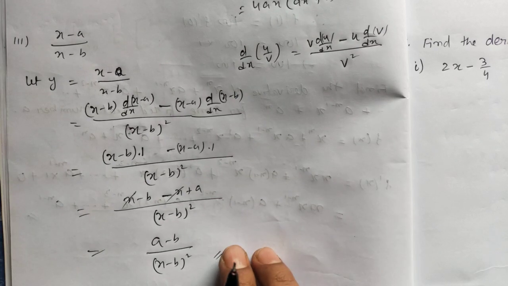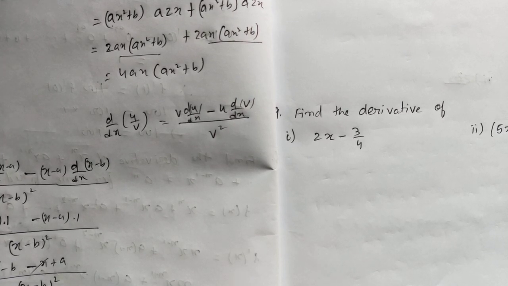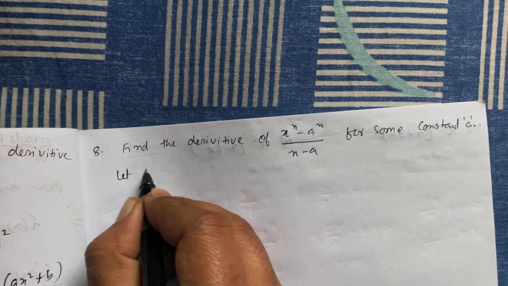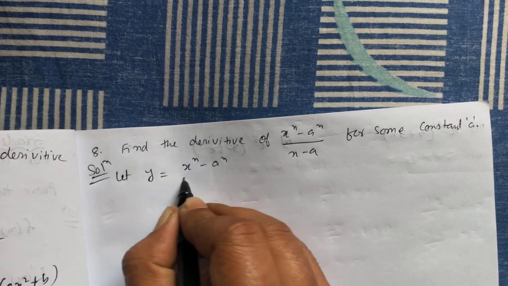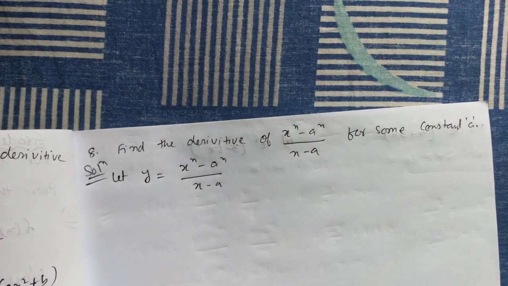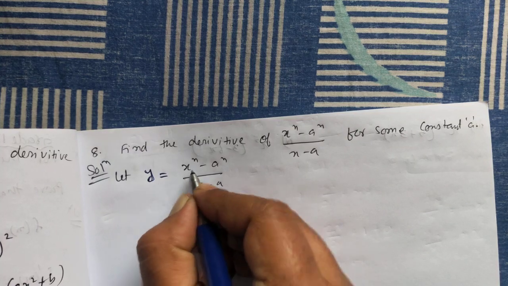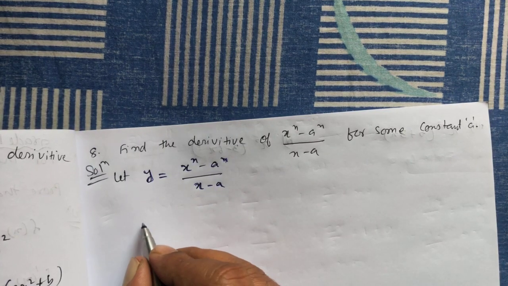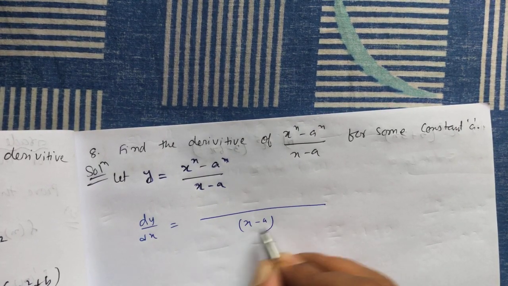Let's do question number 8. Similar to last question only, we'll consider let y equal to, just writing y equal to, so we'll use division rule. dy by dx will be, we'll square the denominator x minus a whole square.